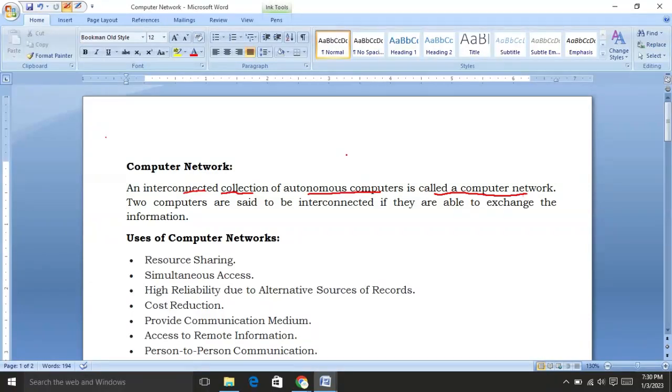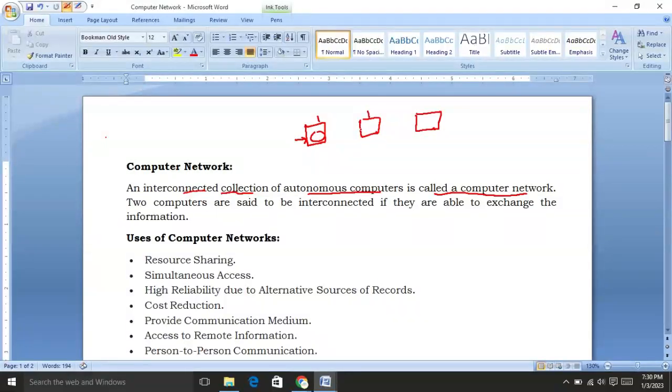What does it mean by autonomous computers? Let us consider this is one computer, this is another computer, and this is another computer. These computers can independently complete their tasks. That means each computer has all the capabilities to take the input, process it, and generate the output.